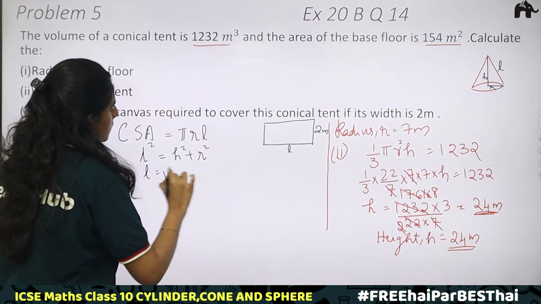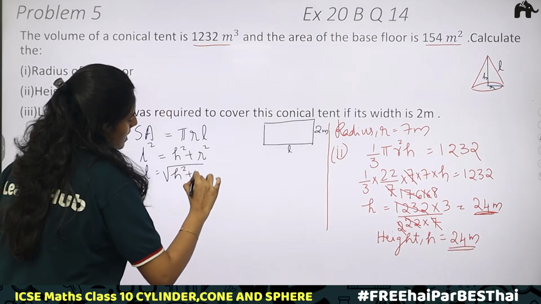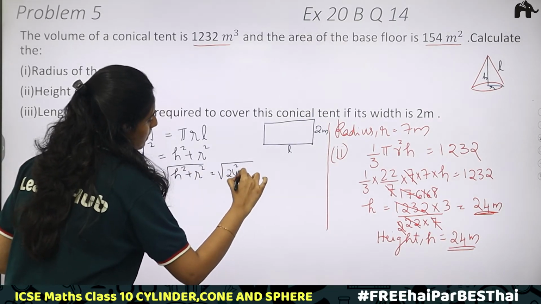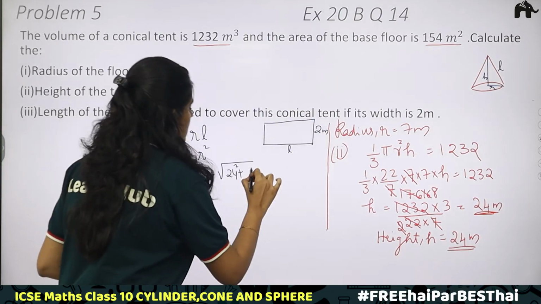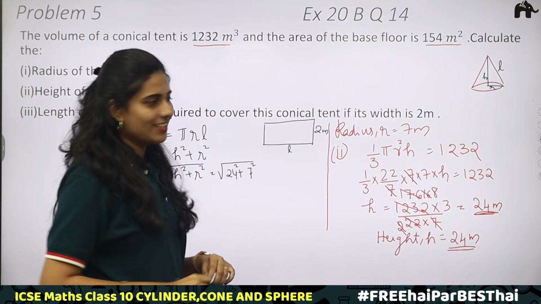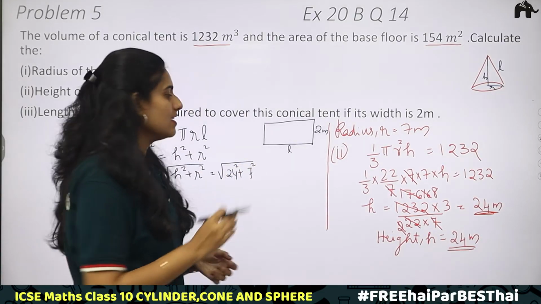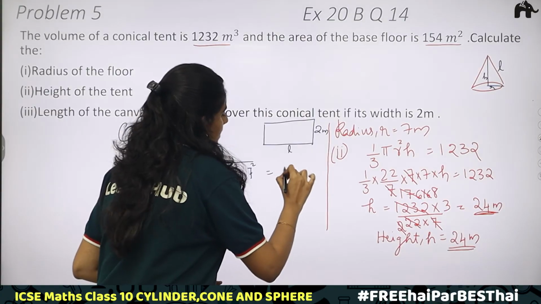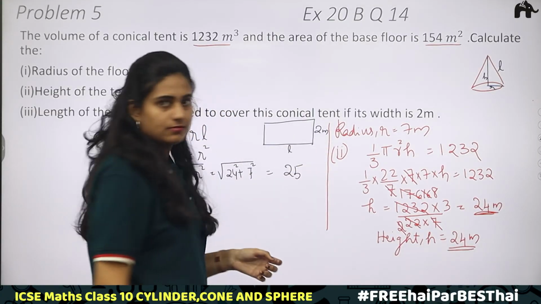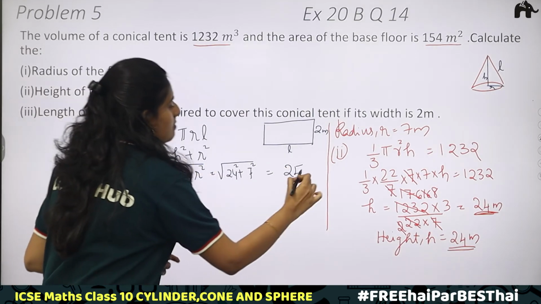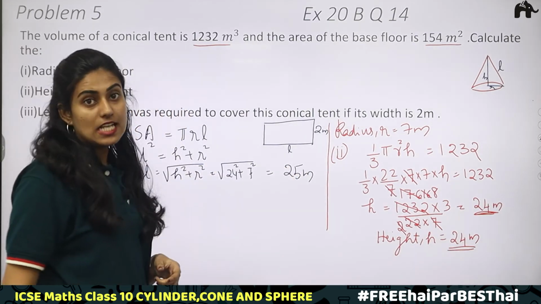L is equal to root of h square plus r square, root of 24 square plus 7 square. We used to do this always, right? So this is a Pythagoras triplet, 7, 24, then the answer is 25. Okay, we have used this triplet many times. So 25 meter is the slant height.